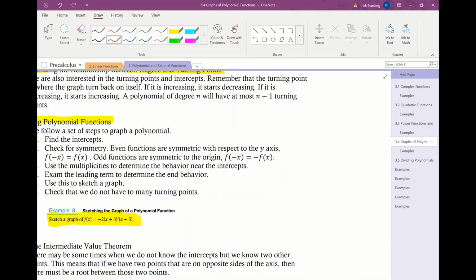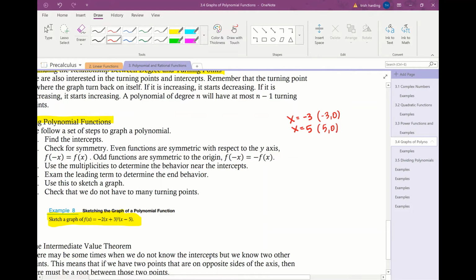So first we are going to check for intercepts. When x equals -3, we have an intercept, and when x equals 5, we have an intercept. So that means it's (-3, 0) and (5, 0).